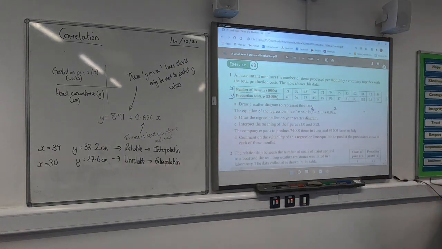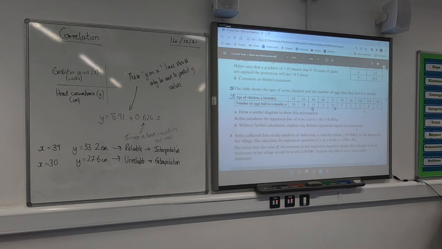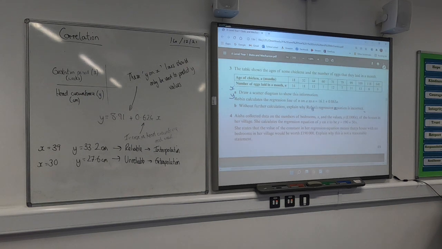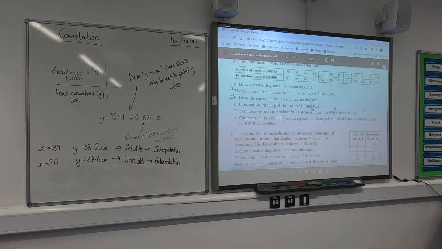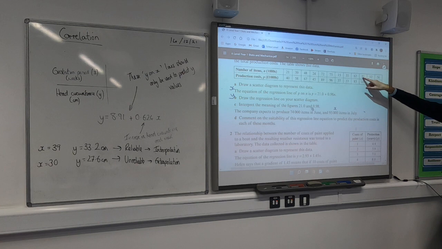So the regression line is suitable to predict for 74,000, but not for 95,000. 95,000 is extrapolation. It's outside the range of values that we have plotted. The most we had was 81,000.